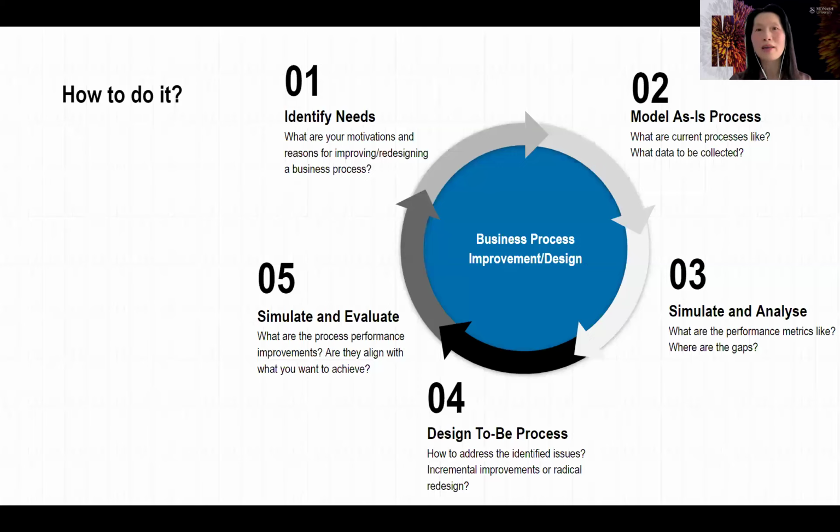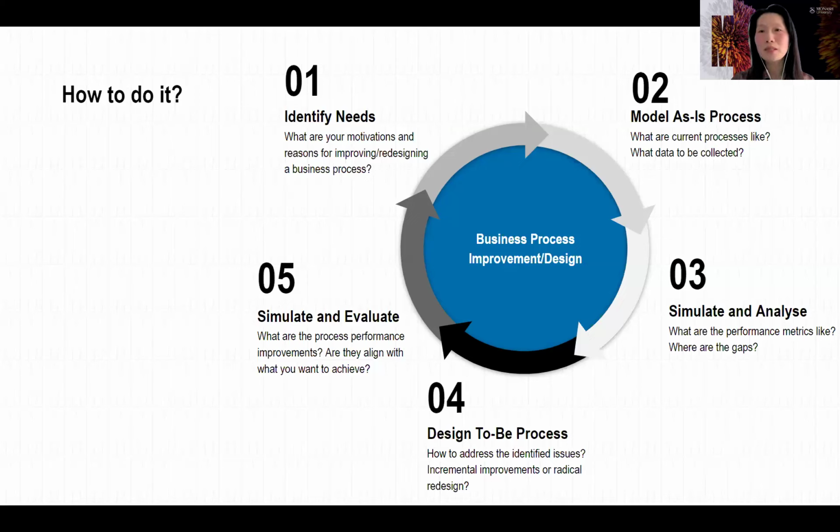Firstly, you need to identify the needs. You need to know the motivations of this process improvement or redesign project. This is applicable to all BIS, because every BIS project always starts by identifying the business needs. What's the problem, or the opportunity, or the gap in the current situation?